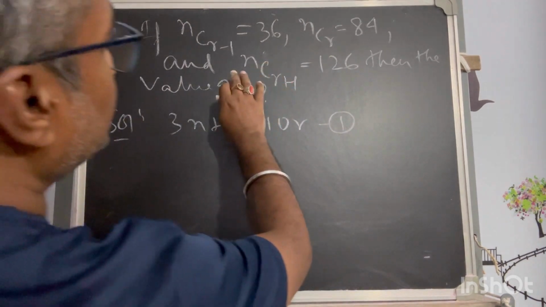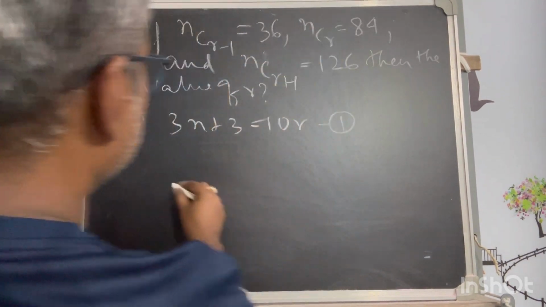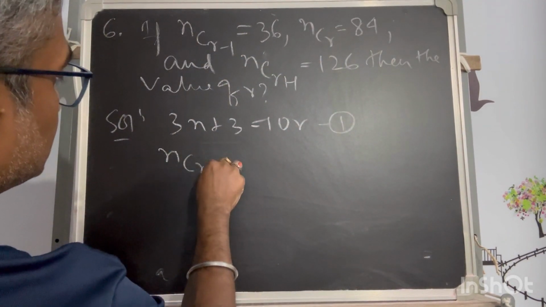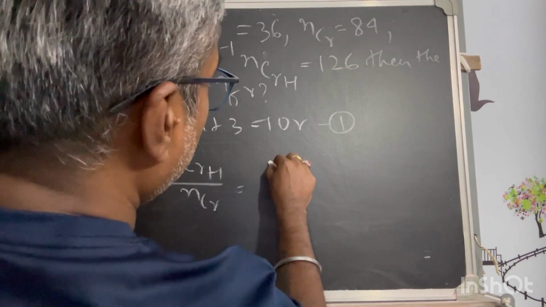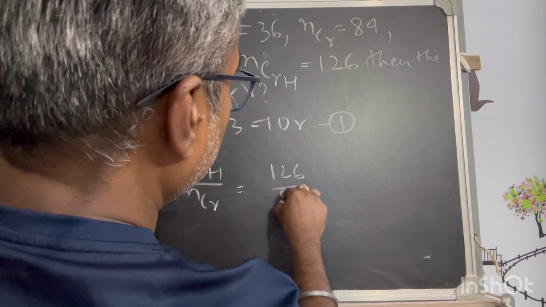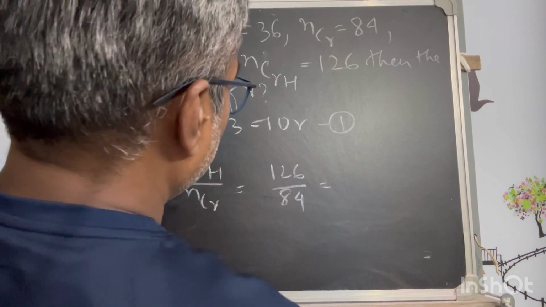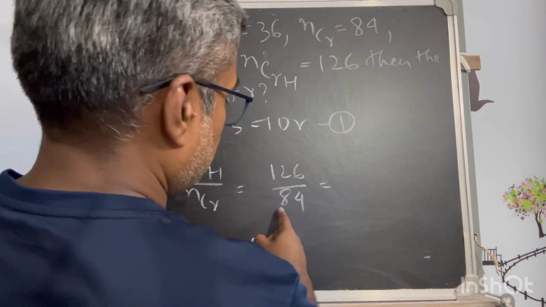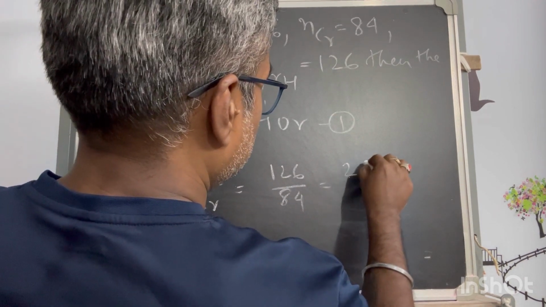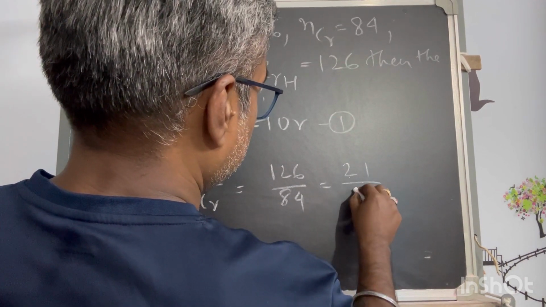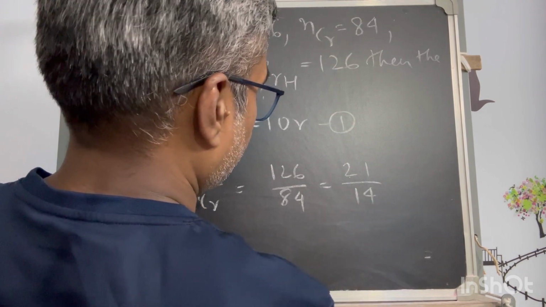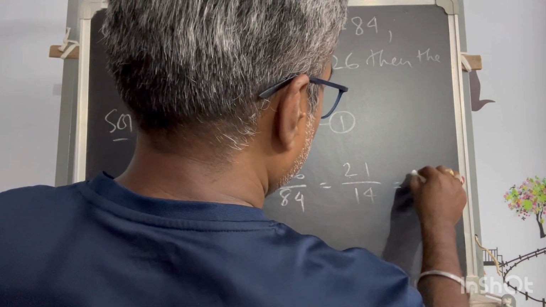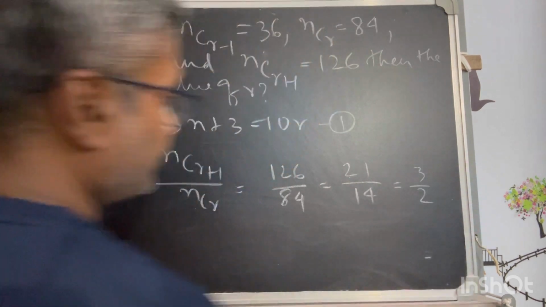Now second, if I divide nC(r+1) by nCr, I will get 126 by 84, which reduces to 3 by 2.